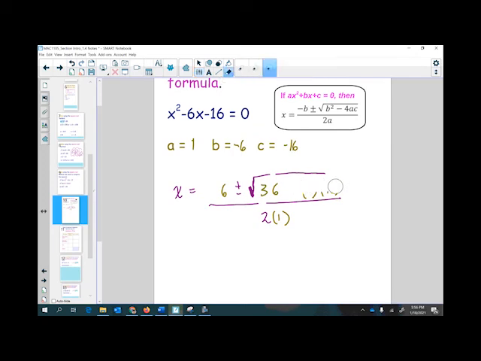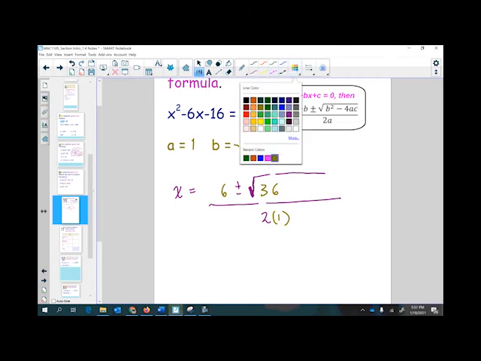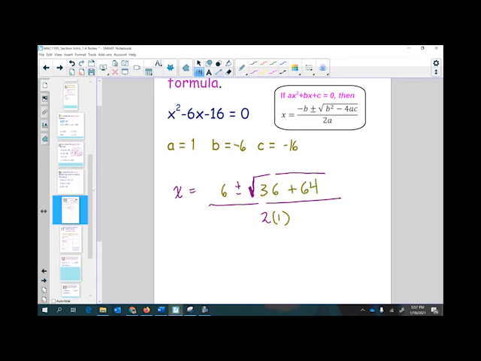So I'm going to replace that with +64. And down in the bottom, 2 times 1 is simply 2. Can we simplify anything else? How about 36 plus 64? That together would be 100.